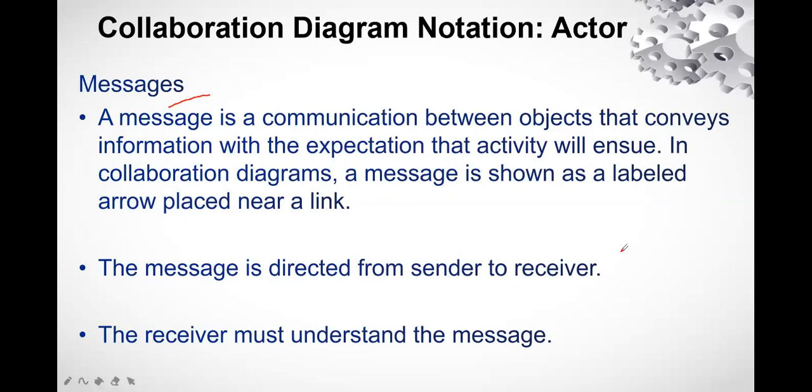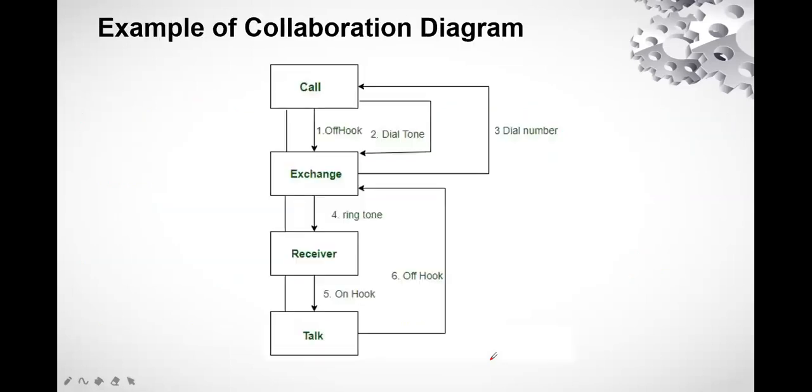So let's say there is one object as the sender and one object as the receiver. The one who is sending the message will give it in this way, and the receiver will be where the arrow is shown. That defines this is the sender and this is the receiver. The receiver must understand the message.